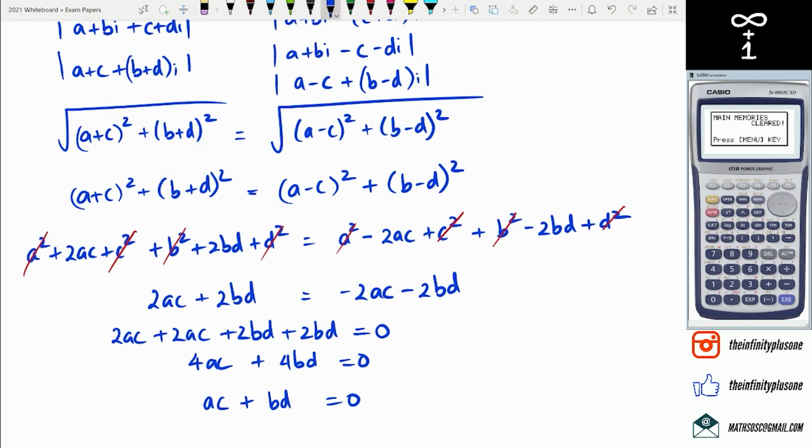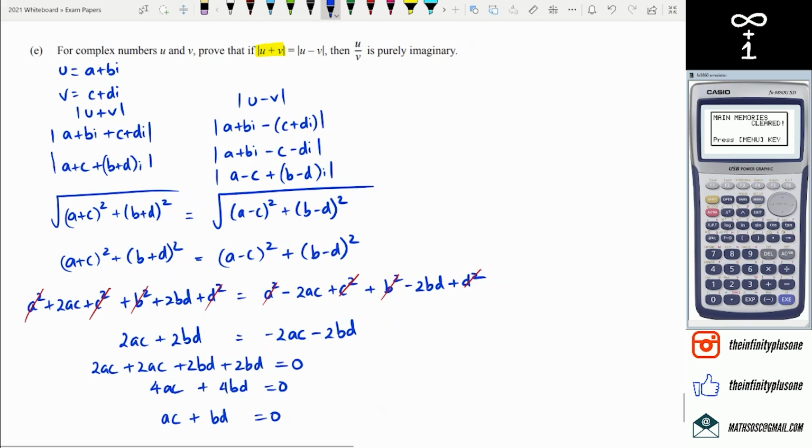So this is pretty much that first part of the proof that we worked out. So we basically did this. If u plus v equals this, then what we end up with is ac plus bd is equal to 0. Now we need to use this information to try and prove that u over v is purely imaginary.